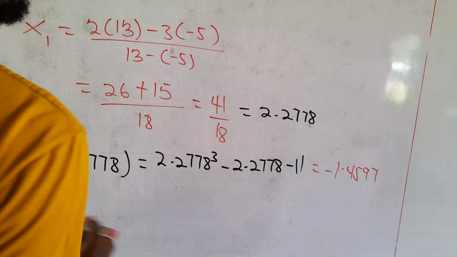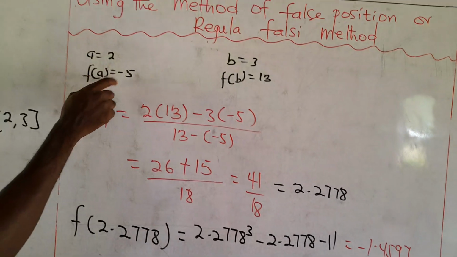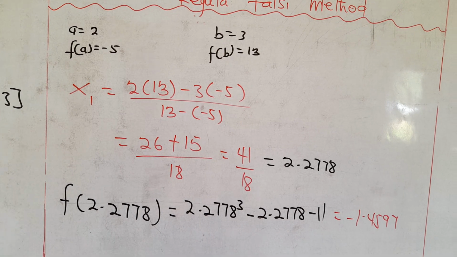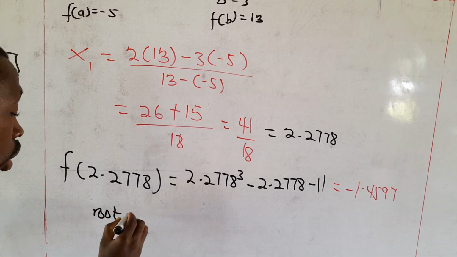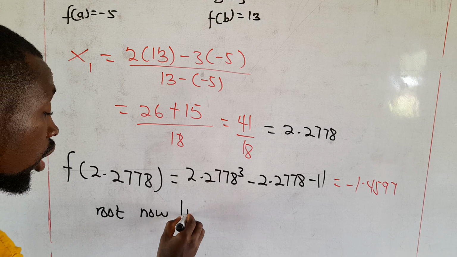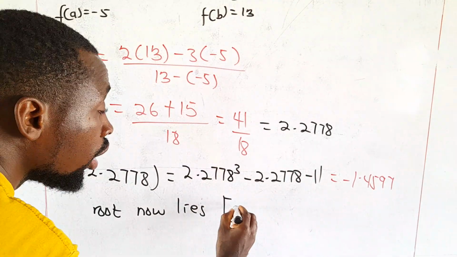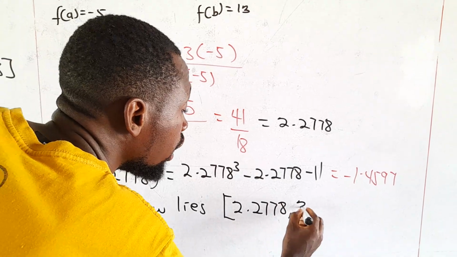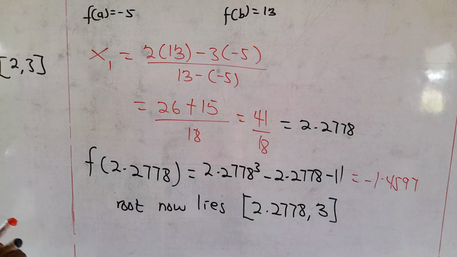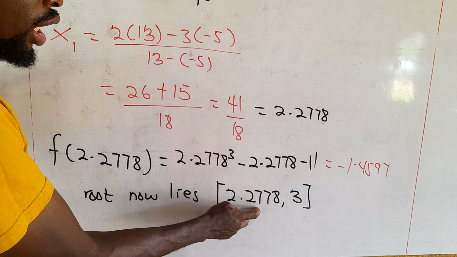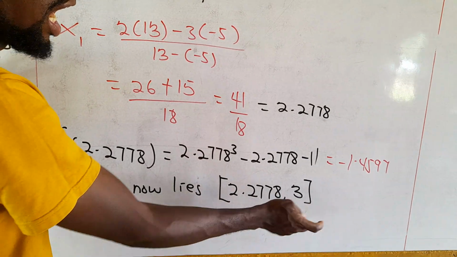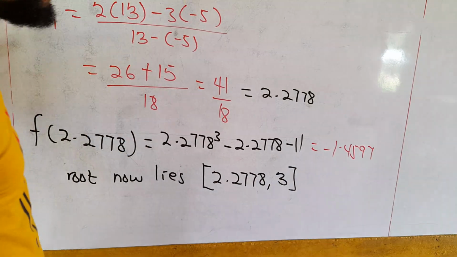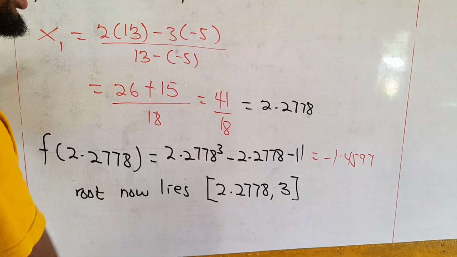So since this produces a negative, it will replace the a, since the a formerly produces a negative. So we can say the root now lies within the interval [2.2778, 3]. So now we know our a now is 2.2778, our b is still 3, our f of a is negative 1.4597, and f of b is 30.